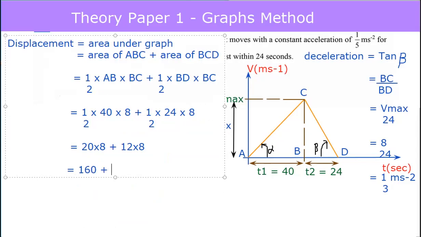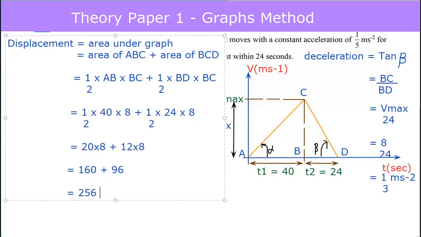Plus 12 times 8: 2 times 8 is 16, 1 remaining, 1 times 8 is 8, plus 1, 9, so 96. If you add them, 0 plus 6 is 6. 6 plus 9 is 15. Remaining 1, it will be 256.